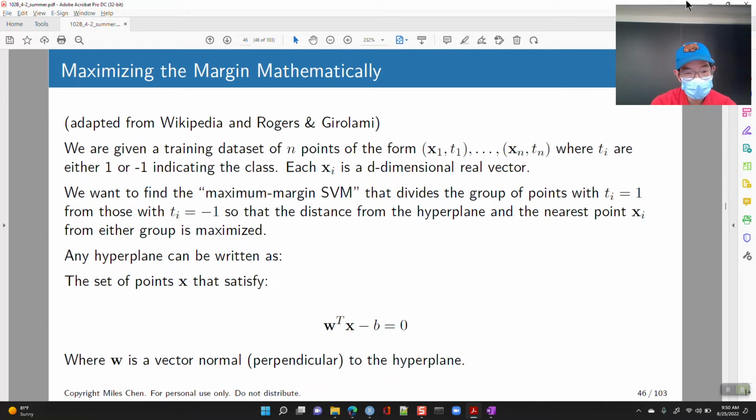and so how would we maximize this? Well, if we have some training points, what we do is we label the points. We give them a numeric value of +1 or -1. So the red class is -1, the blue class is +1. And we want to measure the thing.